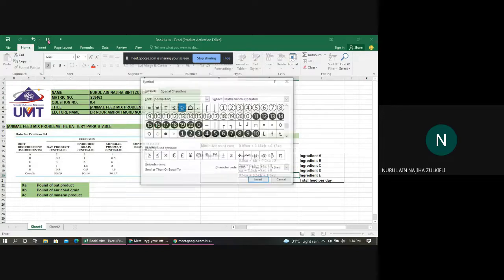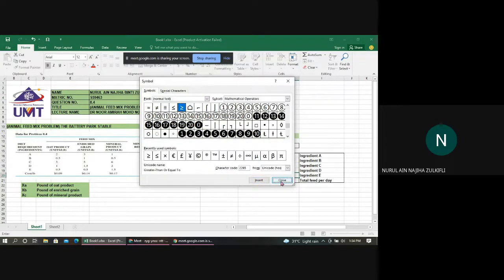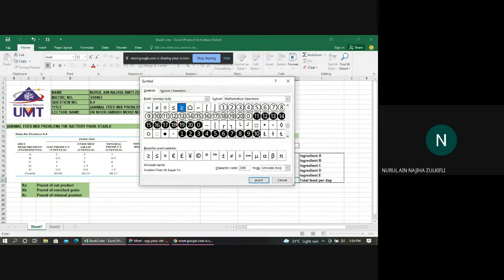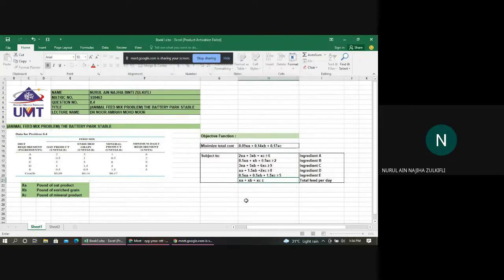So greater than 5. And then lastly, for the total feed per day, which is a non-negative constraint, is XA plus XB plus XC. This is smaller than the total feed per day, which is 6 pound.